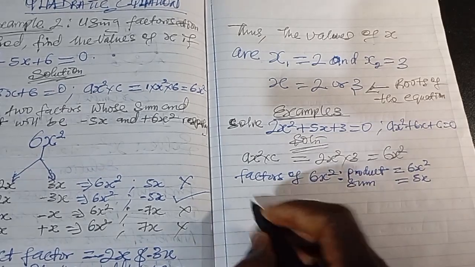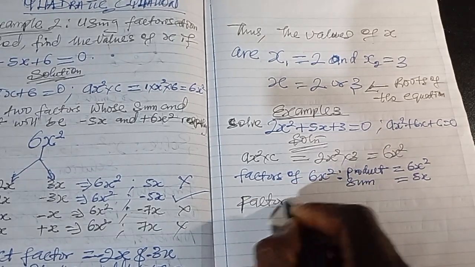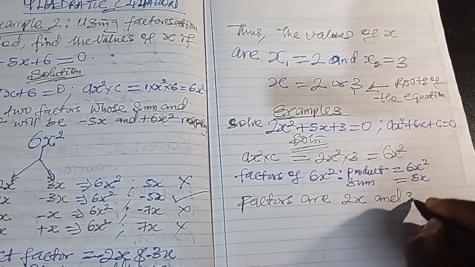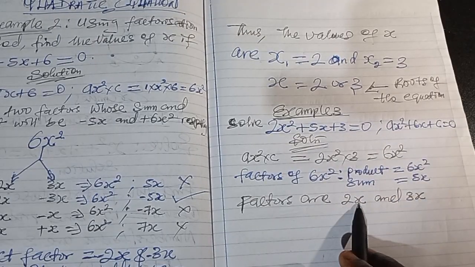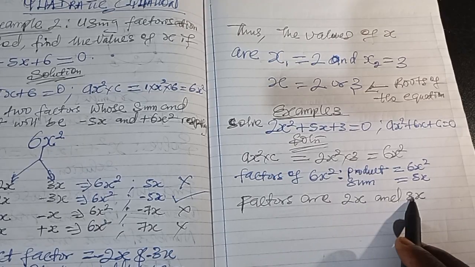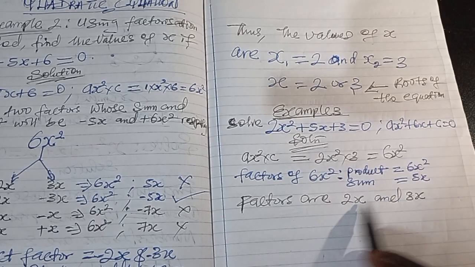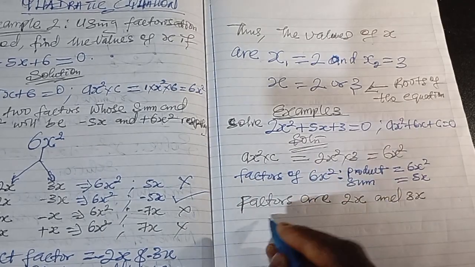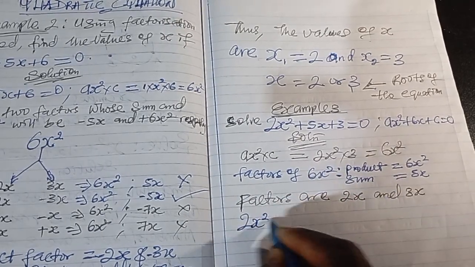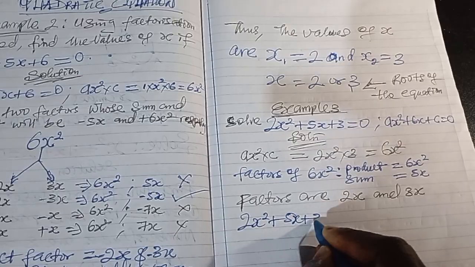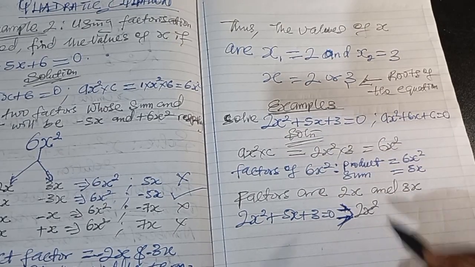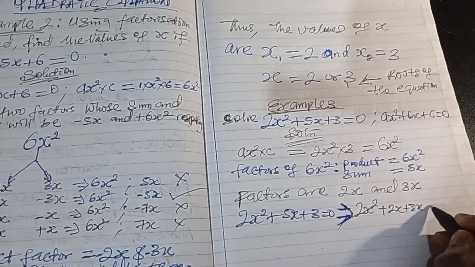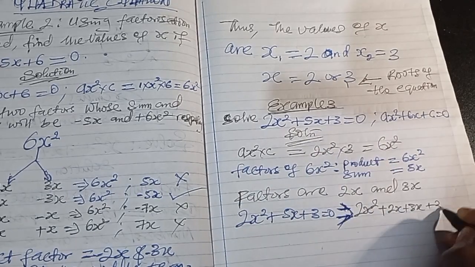So the numbers, factors, are 2x and 3x. Because 2x times 3x will still give us 6x squared, and 2x plus 3x will give us 5x. We are now going to replace these factors and have 2x squared plus 5x plus 3 equivalent to 2x squared plus 2x plus 3x plus 3 equals 0.